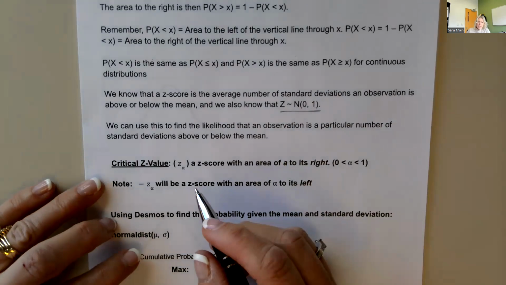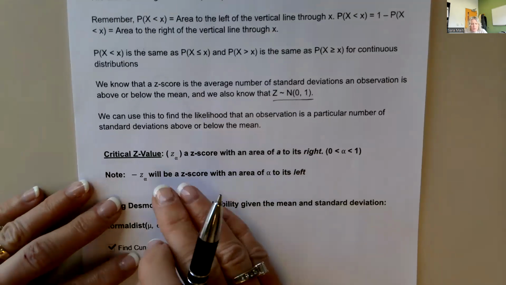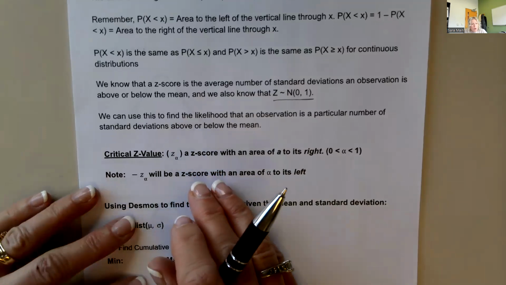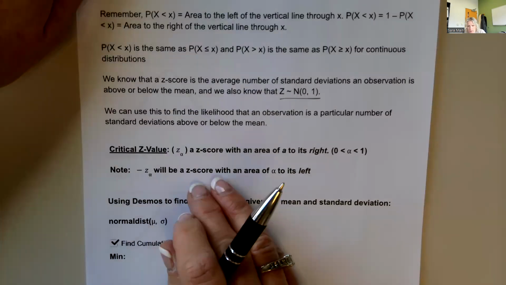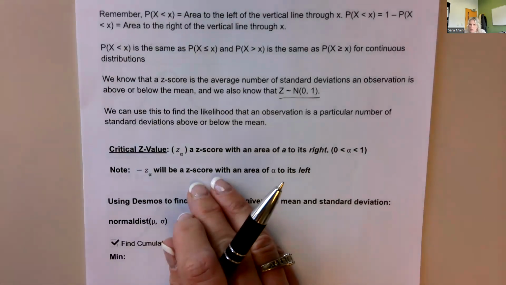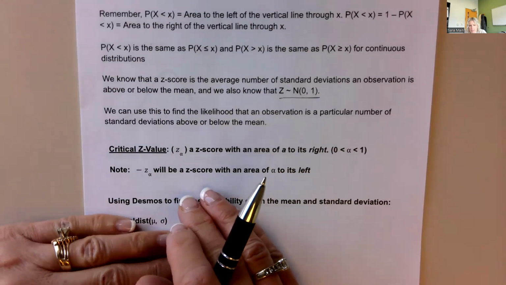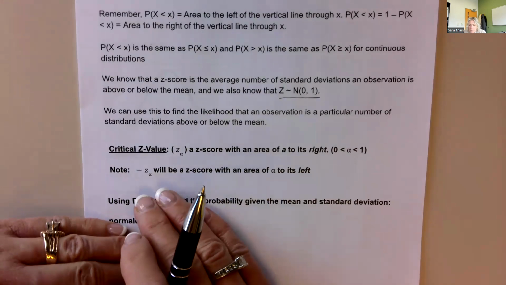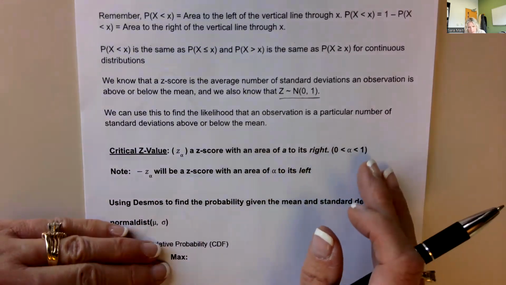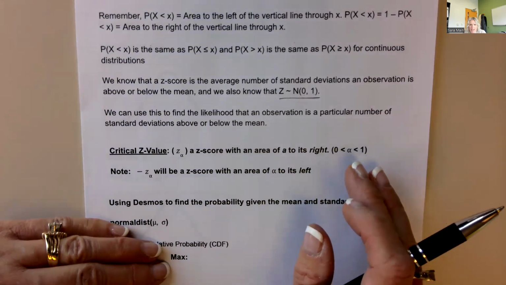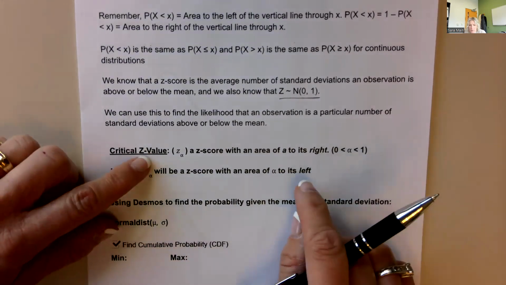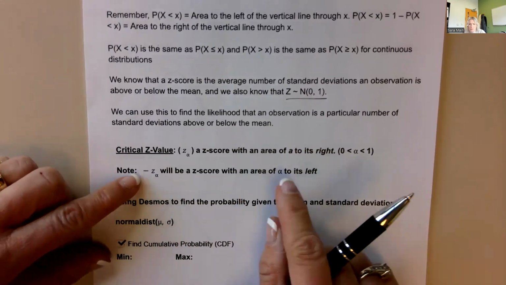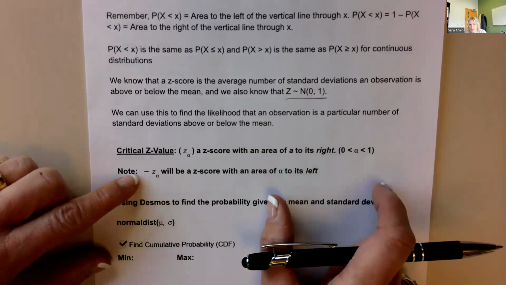So we're going to be calculating some critical z values, and we're going to use these critical z values for the rest of the semester because if we recall back earlier in chapter 2, we said that an observation was considered unusual if it fell below 2 standard deviations below the mean or 2 standard deviations above the mean. And that is basically a z value of 2 or -2. And so now we want to look at other critical values because we're not going to always use the rule of plus or minus 2.